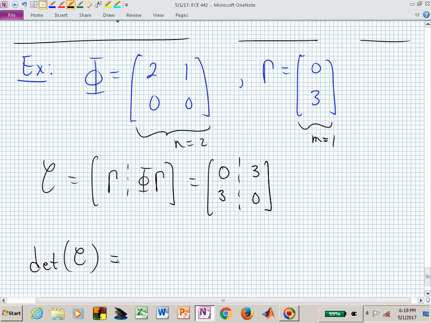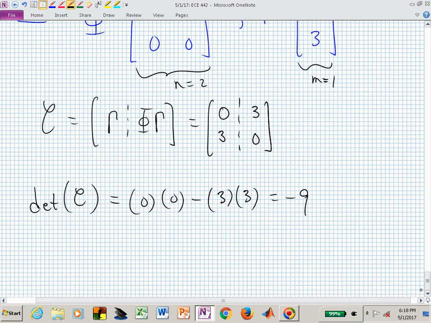And if we find the determinant of that, we have the product of the diagonals minus the product of the off diagonals, minus 9. Is our system controllable? We just needed this to be non-zero, not non-negative. We just need it to be something other than 0. This is not equal to 0.